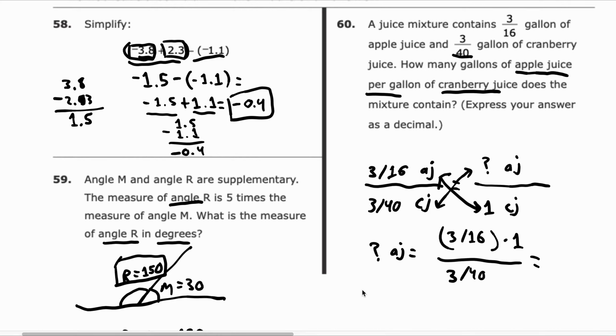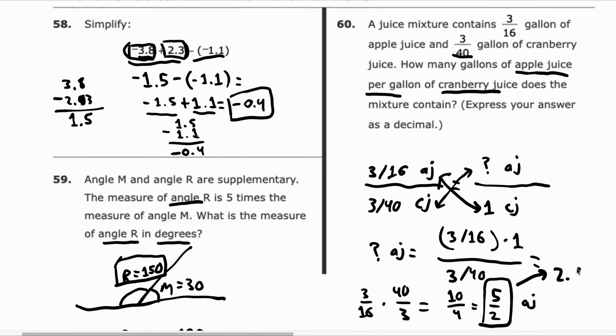So that would be 3/16 times 40 over 3, which is 10 over 4, or 5 over 2. So 5 over 2 gallons of apple juice would be the answer. Oh, and it's asking to express this as a decimal. So it would be 2.5 gallons.